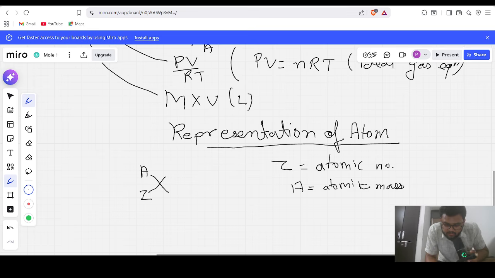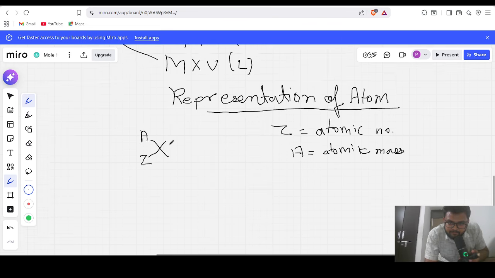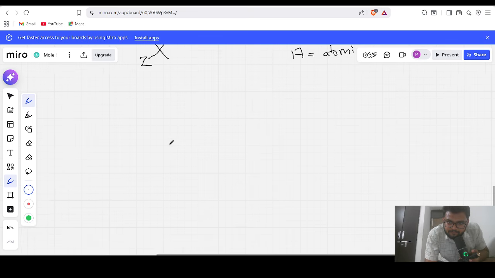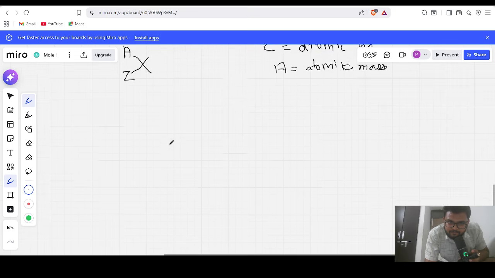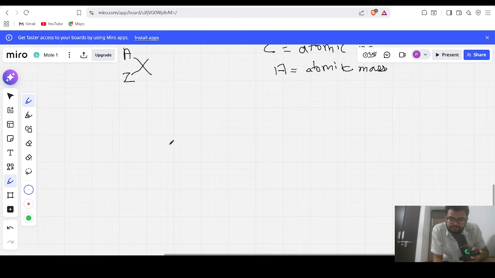Now we will move further. We can take an example: carbon is represented by C12, and here it is 6.